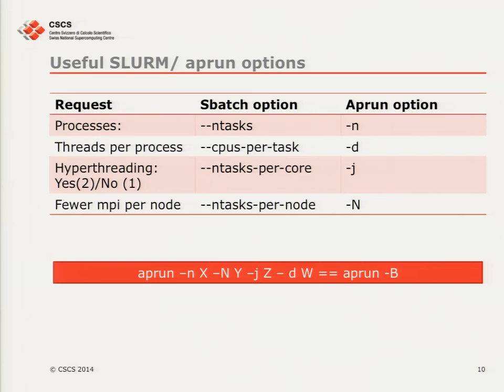If you say minus N1, here it tells you use one MPI task per node and spread them out. If you have specified tasks, threads, tasks per core, and MPI per node, it could be equivalent to just writing aprun minus B after you specified all those SBATCH options.